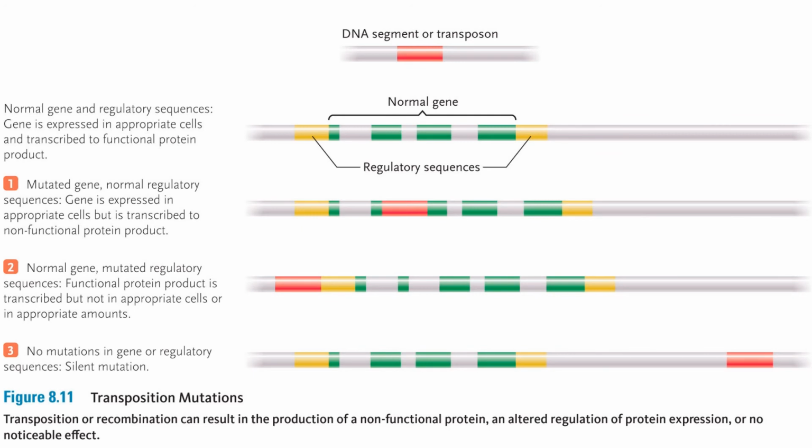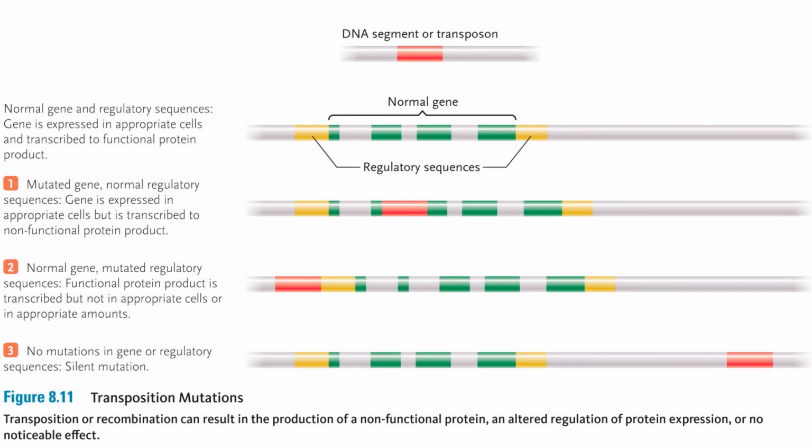And this means that the gene is going to be expressed in the cells it's supposed to be expressed in, but due to this addition here, right, the protein is going to be longer than it's supposed to be, because this is going to result in the addition of more amino acids, and the protein is not going to function properly.